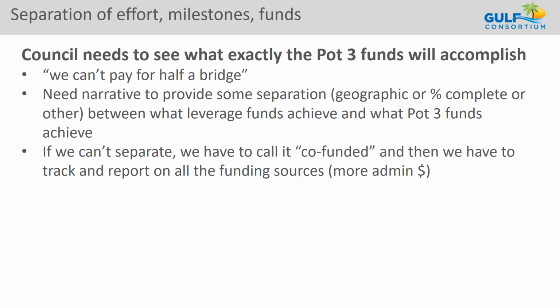One bit of advice is, wherever possible, for projects that have some type of leveraged funding source, where some other grant funds or county funds are paying for something, if there's a way to separate the effort so that Restore Council knows exactly, if they're contributing $500,000 and the total project work is $4 million, what their $500,000 pays for, and if it can be some complete portion of the project, that helps a lot in being able to call something builds on other work.